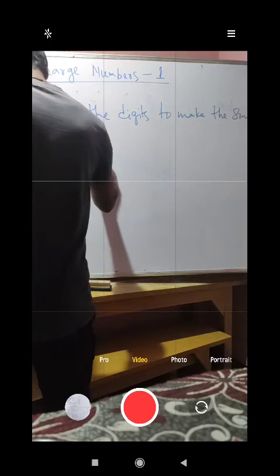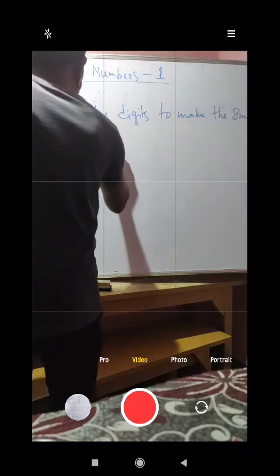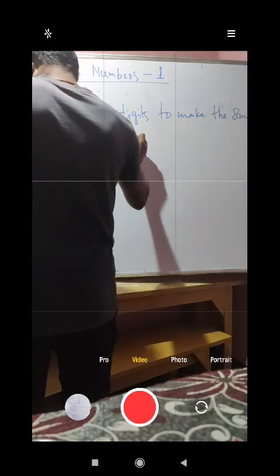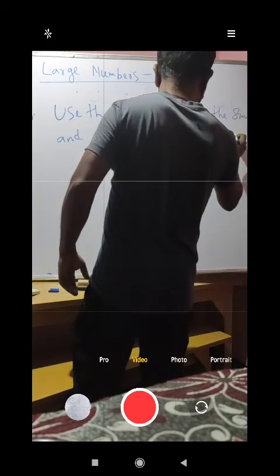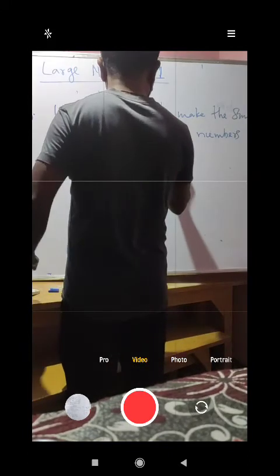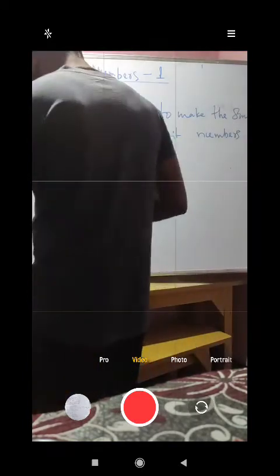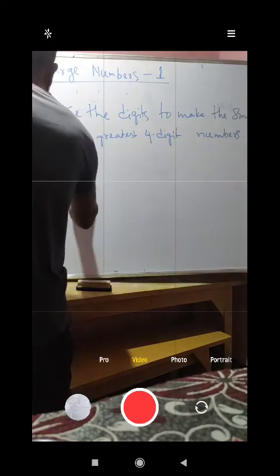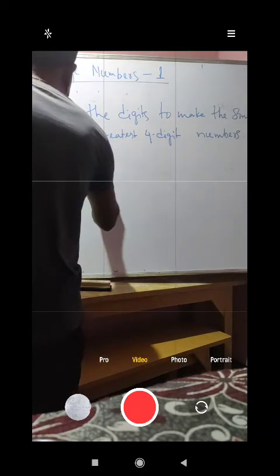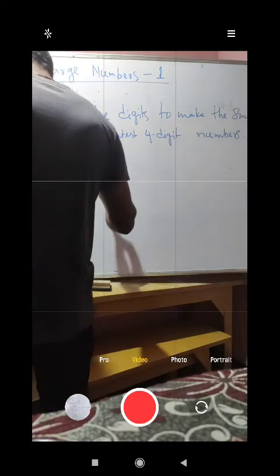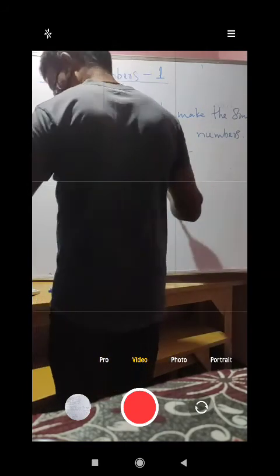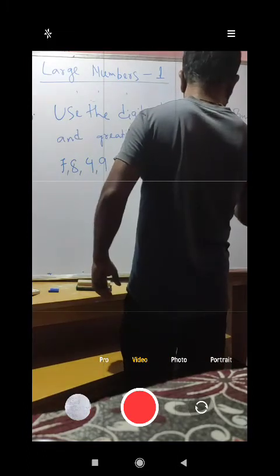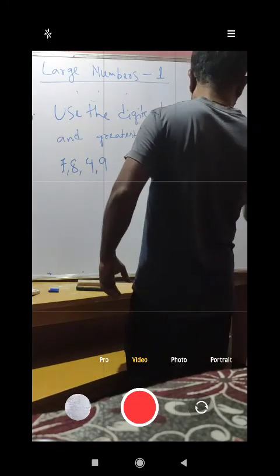Okay, so it has given 7, 8, 4, 9. Smallest and greatest. So we'll have to write now.